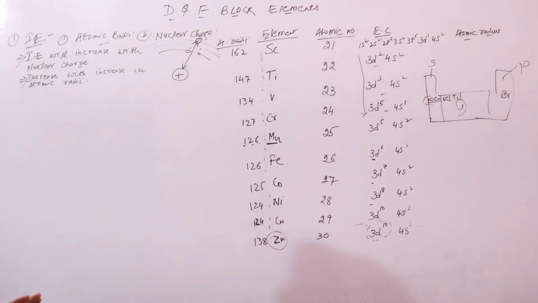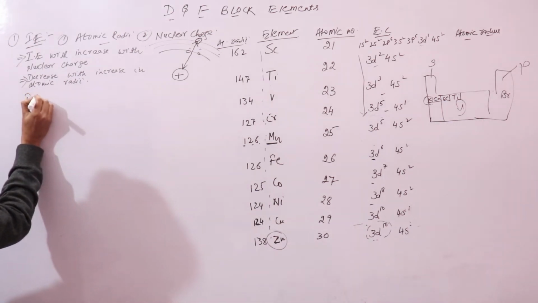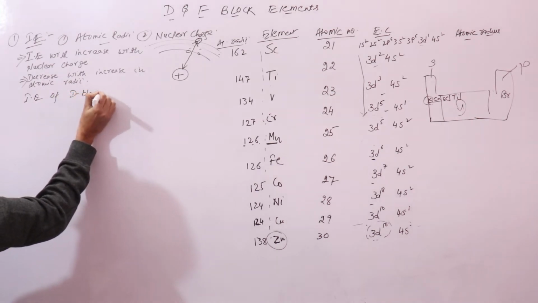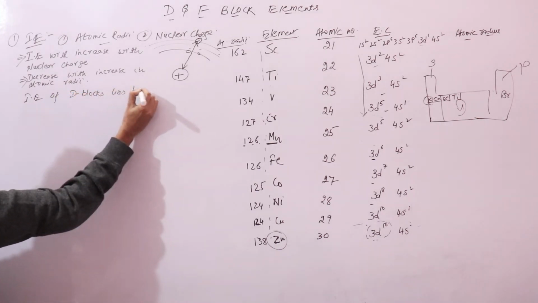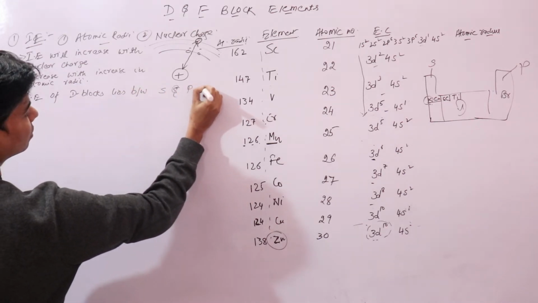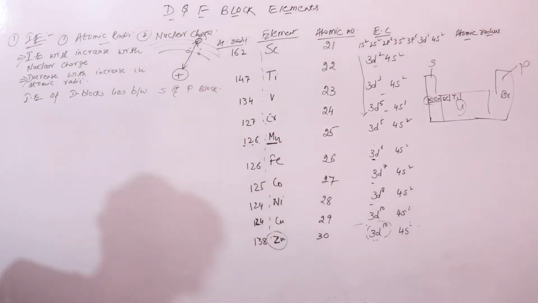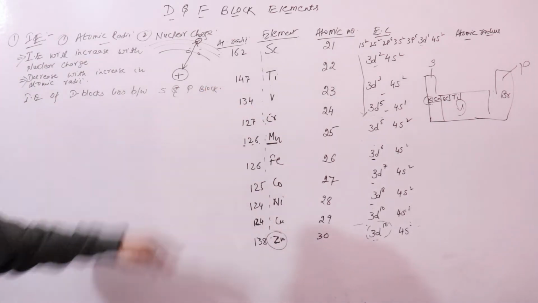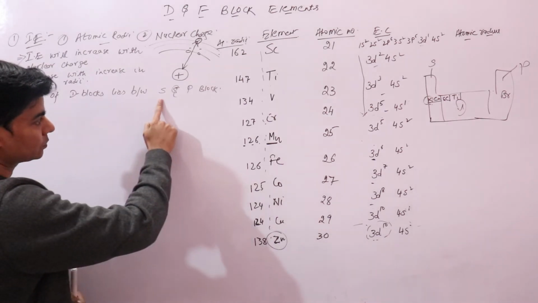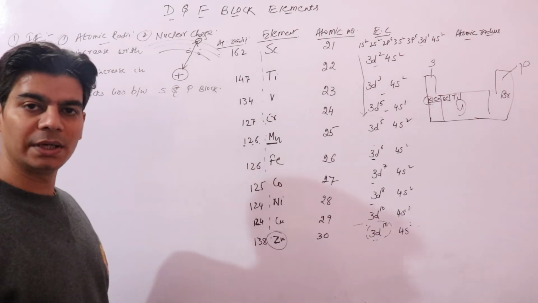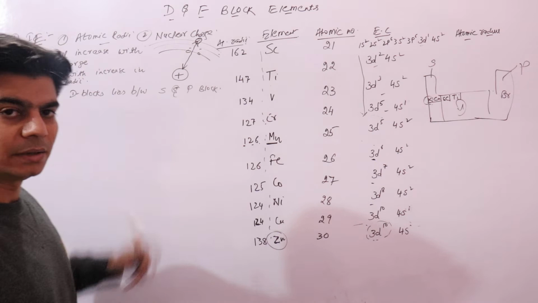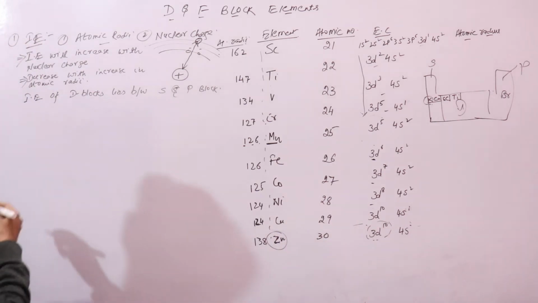Now the ionization enthalpy or ionization energy of the D block lies between the S and P block. That means the ionization enthalpy is greater than S block elements but less than P block elements for transition elements, for D block elements.